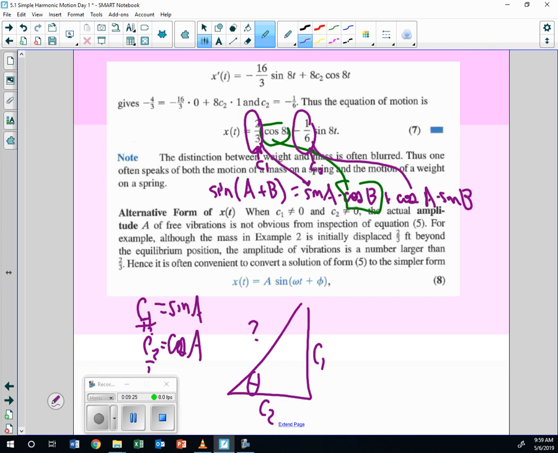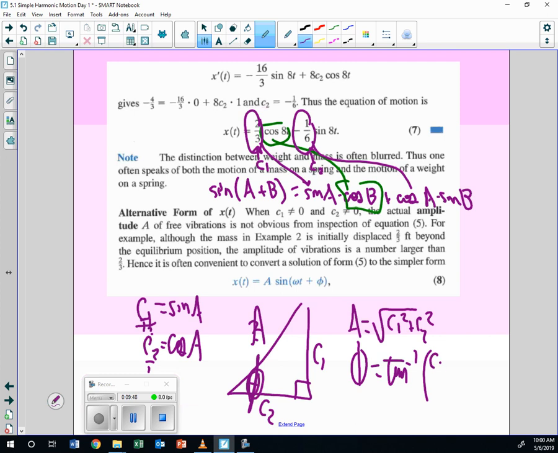Sine is first, making cosine across from phi. We're going to call this phi. Okay, so now, finishing this, we use the Pythagorean theorem. We're going to get the amplitude A, square root of C1 squared plus C2 squared. Now, for phi, that's going to be the inverse tangent of opposite C1 over C2, not C2 over C1.